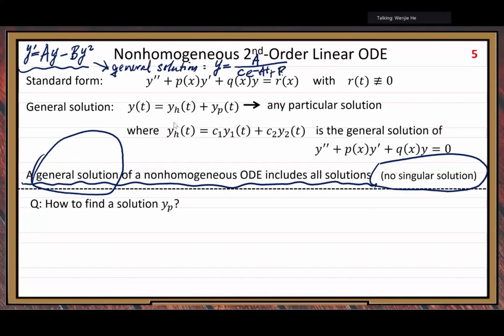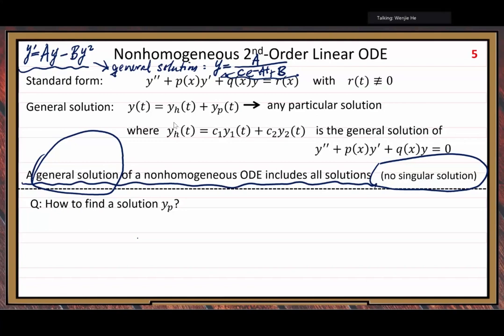So that's the general solution. Capital A and B are both given constants, but this c is a parameter. C can change; you can use an arbitrary constant c. So you have the general solution.